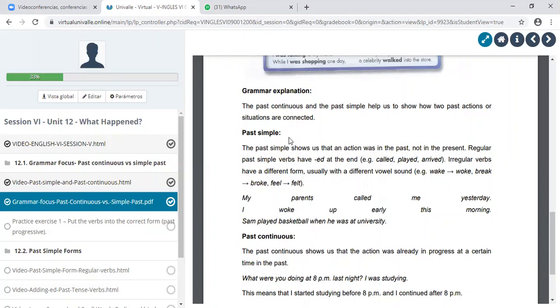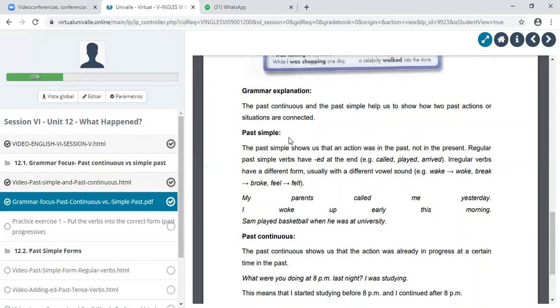Regular past simple verbs have ed at the end. For example, called, played, arrived. Irregular verbs have a different form, usually with a different vowel sound. Wake, woke, break, broke, feel, felt.